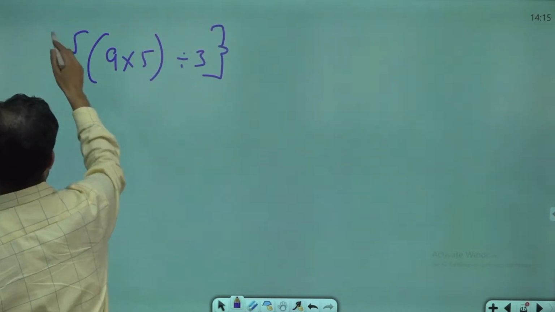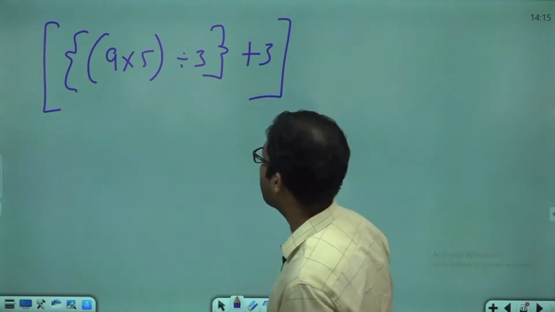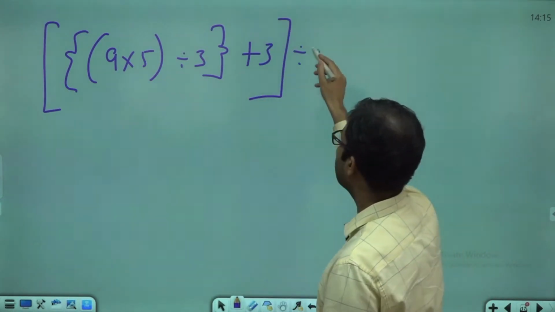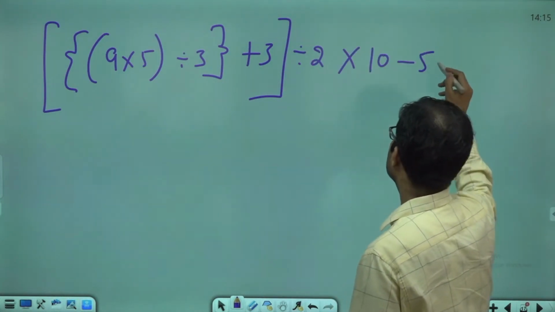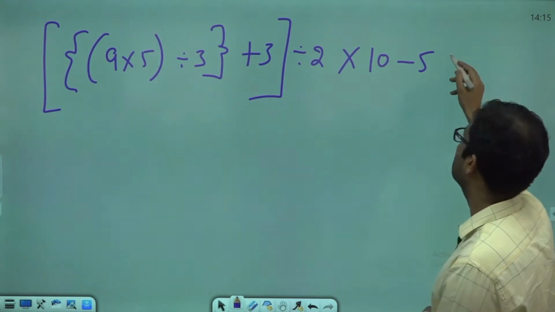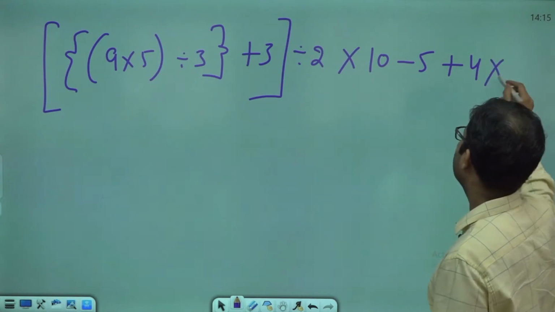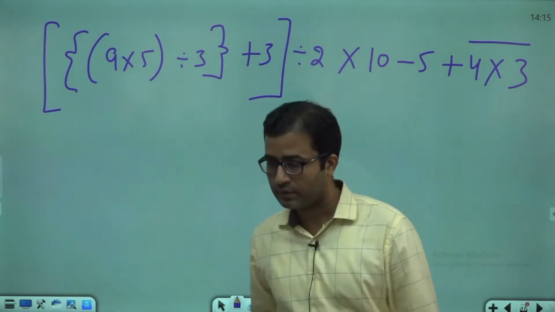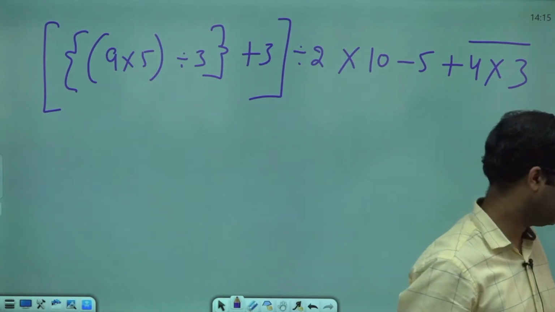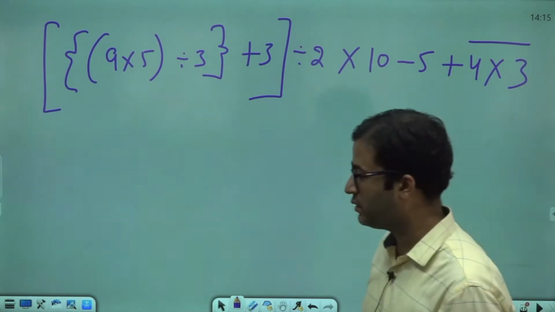This is curly bracket close plus 3, square bracket close, divided by 2, multiply with 10, minus 5 plus 4 into 3. This is the vinculum bracket. Take your time. Online students, they can write the answer in the comment.